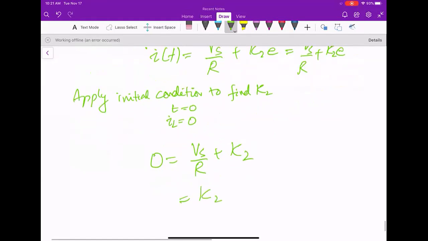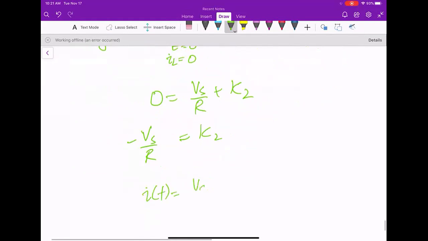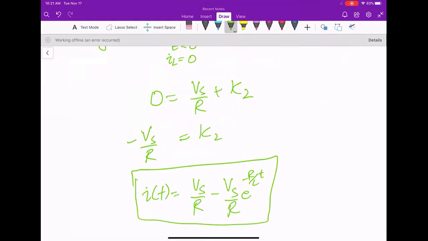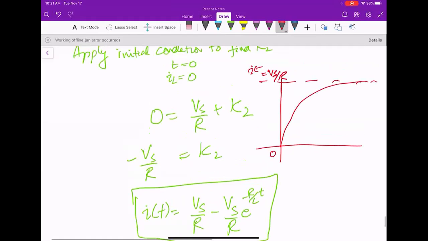And this will become K2 equals minus Vs by R. And if I just write it here, I of t equals Vs by R minus Vs by R e minus R by L t. So that's how I know the current across inductor. But you know that this current is also a charging current if I plot it. That's why we can see this form of current. So this will be Vs by R, 0, and this will be current plot with respect to time.